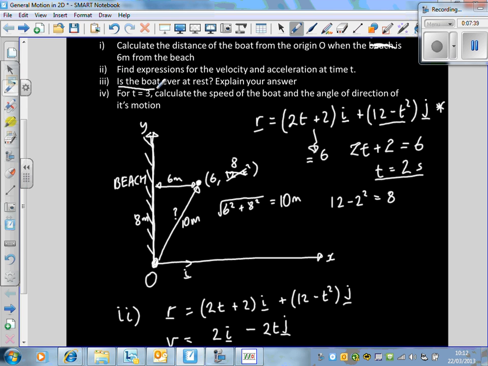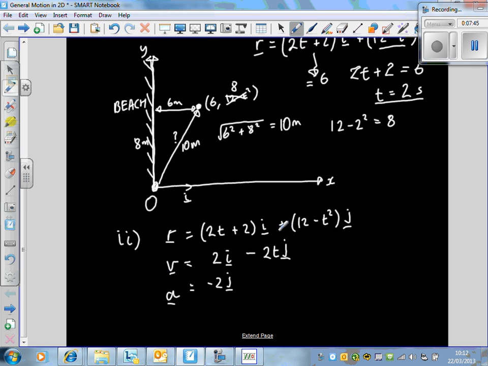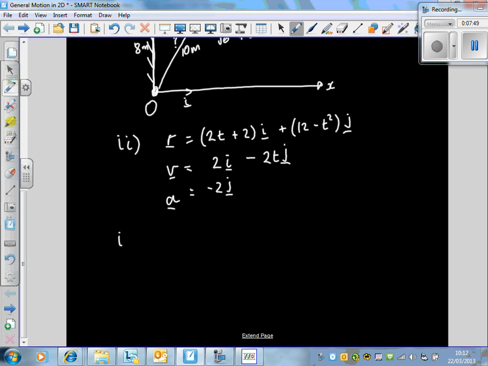I love this question. Is the boat ever at rest? And explain your answer. Can anybody explain, using these 3 expressions, whether the boat is ever at rest? What does at rest mean?